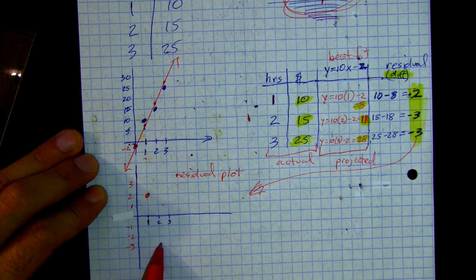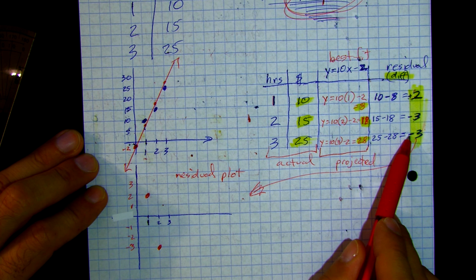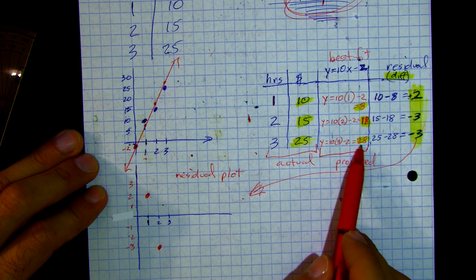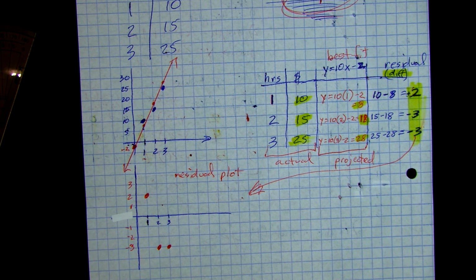Minus 3 from where the projected said I would be. Lastly, at hour 3, I was also minus 3. I got 25 where the projected was 28, so I was minus 3 as well. So I'm down here. Okay.